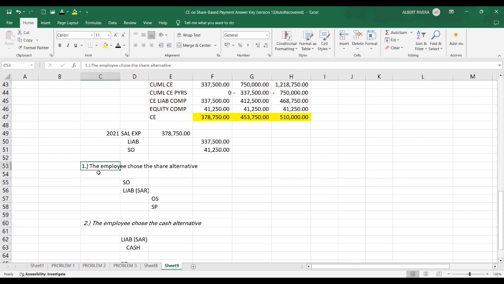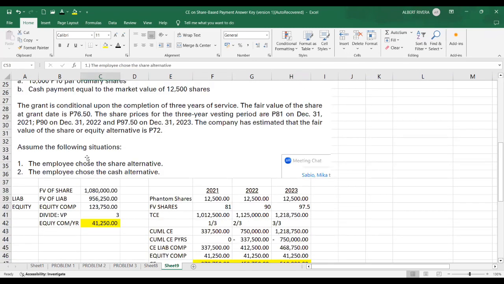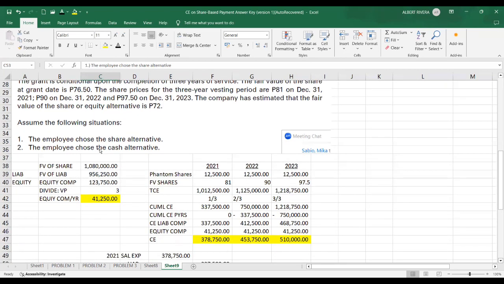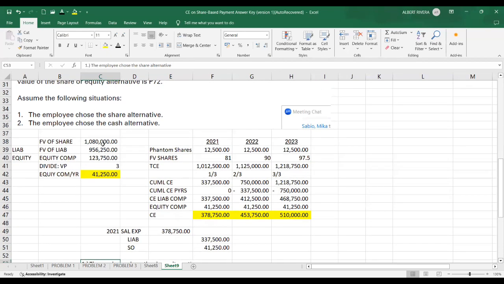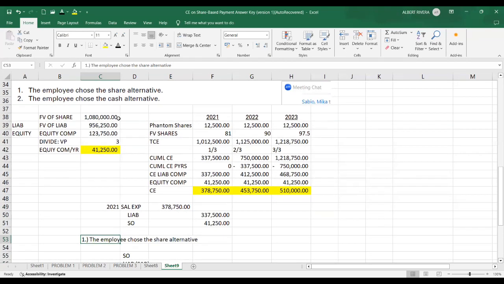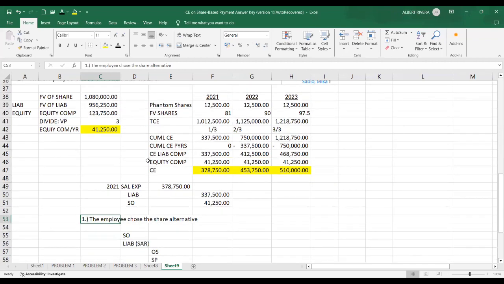Then, the next is, assume the following situations. These are independent alternatives. So, one, the employee chooses the share alternative.